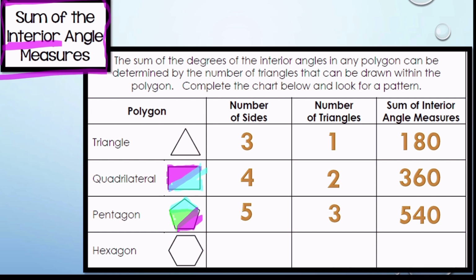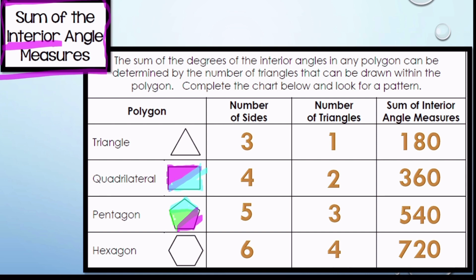Same thing with a hexagon. If there's 6 sides, well, what is the number of triangles? 4. So when you look at the number of sides and I subtract 2, I then multiply that by 180, and I get the degrees of the interior angles.